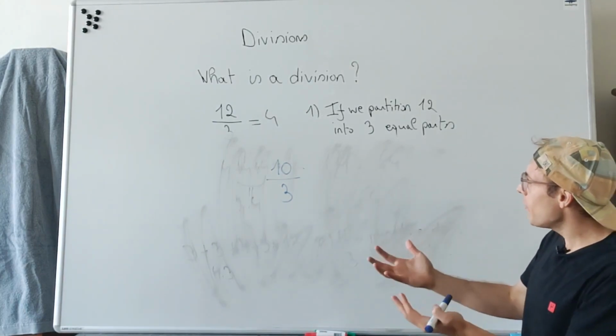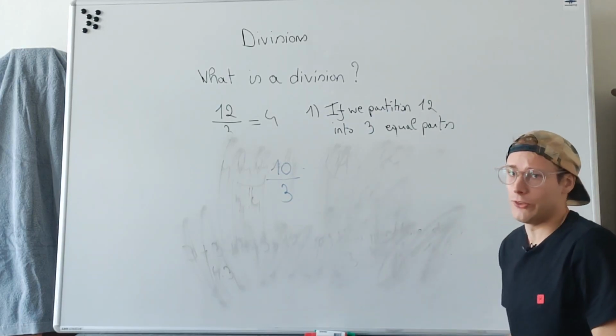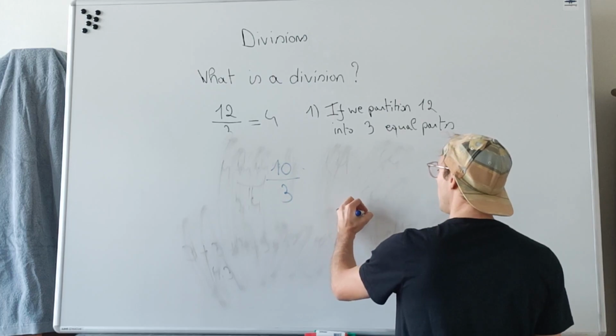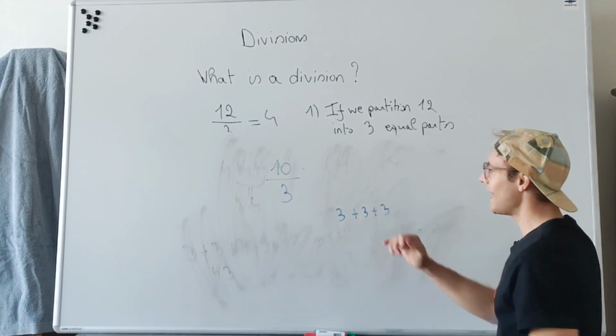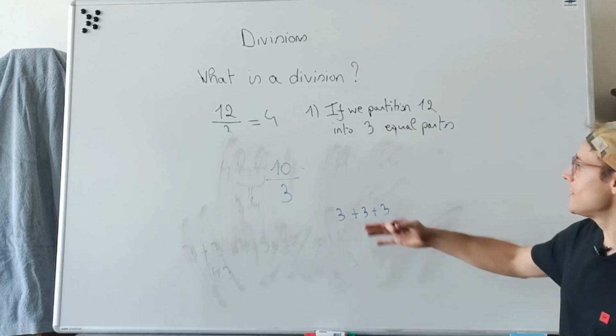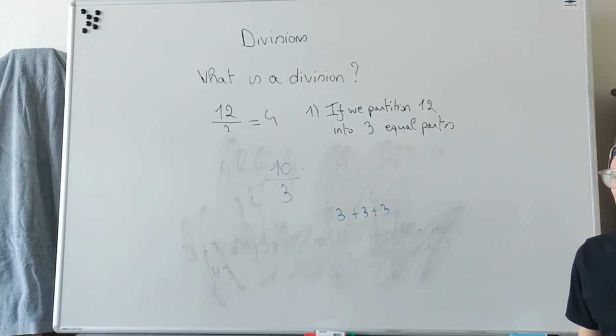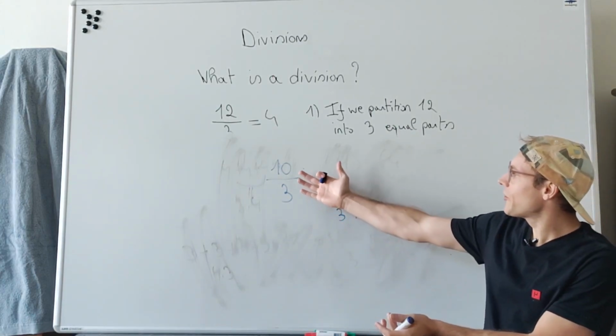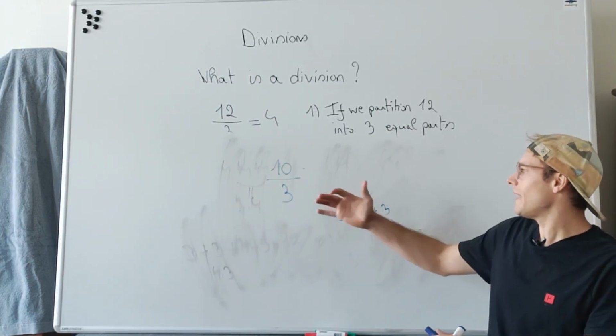So how many times does 3 fit into 10? Well, we can start adding 3 plus 3 plus 3, then we are at 9. But then if we add 3 again, then we're at 12, which is bigger than 10. So this is actually just a representation of the number 10 divided by 3.